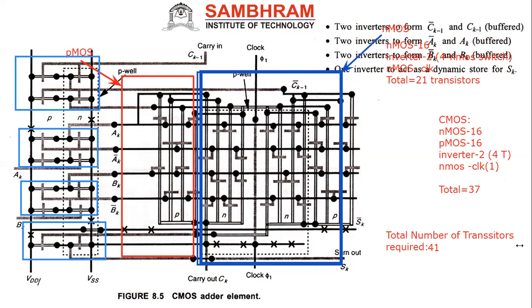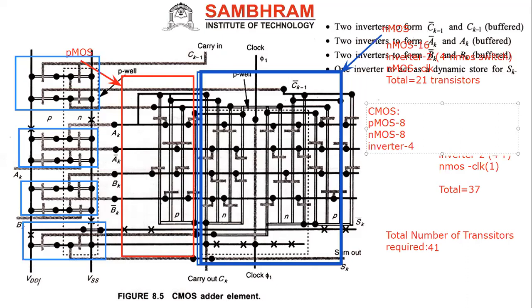Now from this, I can say the total in the CMOS element: PMOS is 8, NMOS is 8. Then how many inverters are required? 2 plus 2, 4 inverters are required, right?